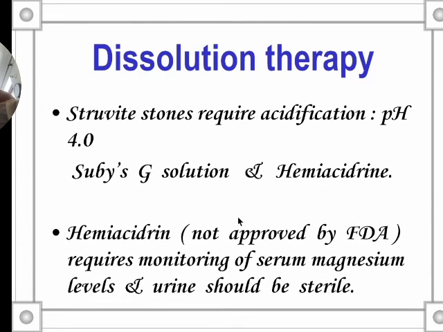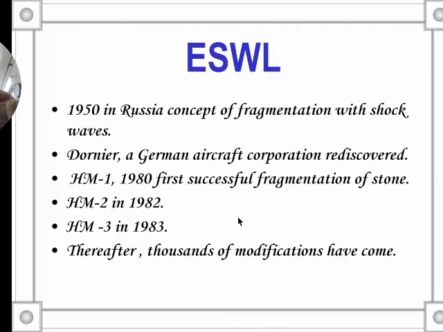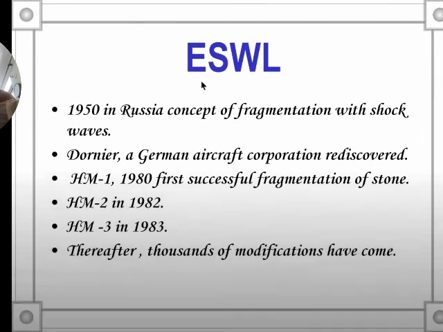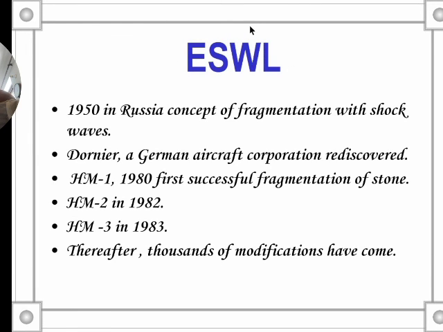So you change the pH. If they are not amenable to conservative treatment, then you can break these stones by extracorporeal shock wave lithotripsy, ESWL. We have this instrument in urology. This will break the stone and that stone will be passed in the urine.